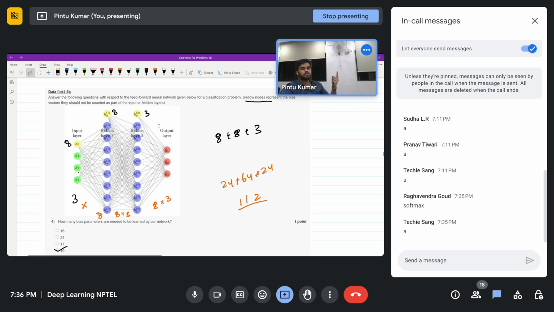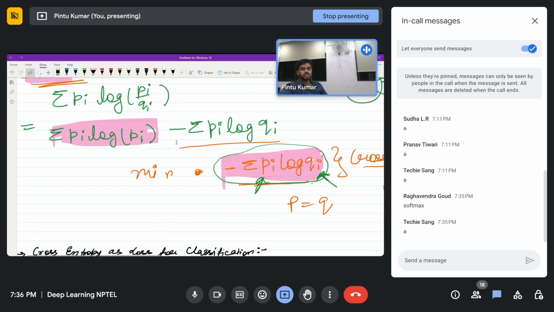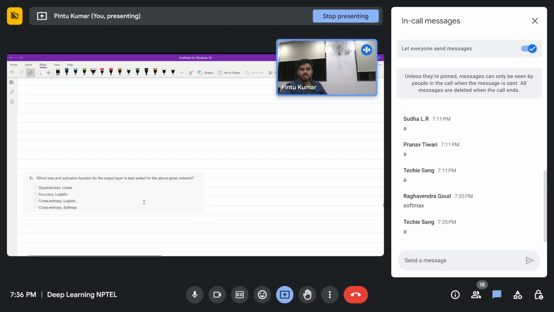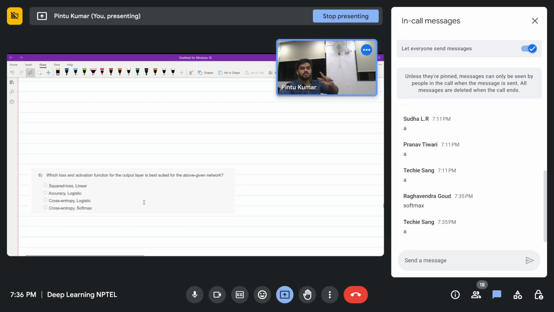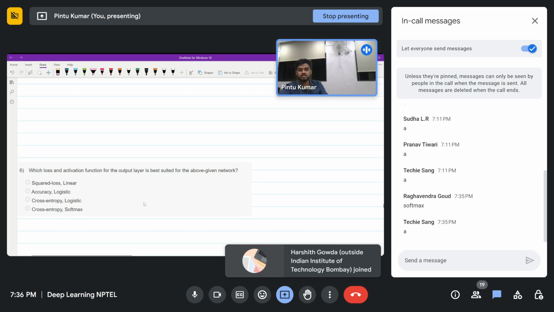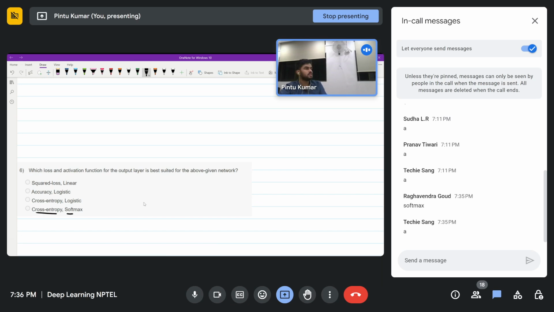That's why you have more than two outputs. The question asks what is the best pair of loss and activation function. We can use cross entropy along with softmax, as you guys told me. So this is the best fit.